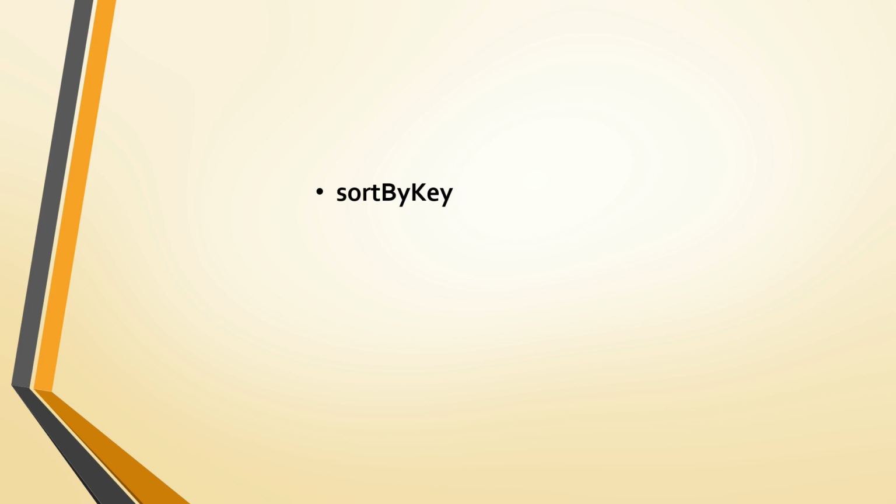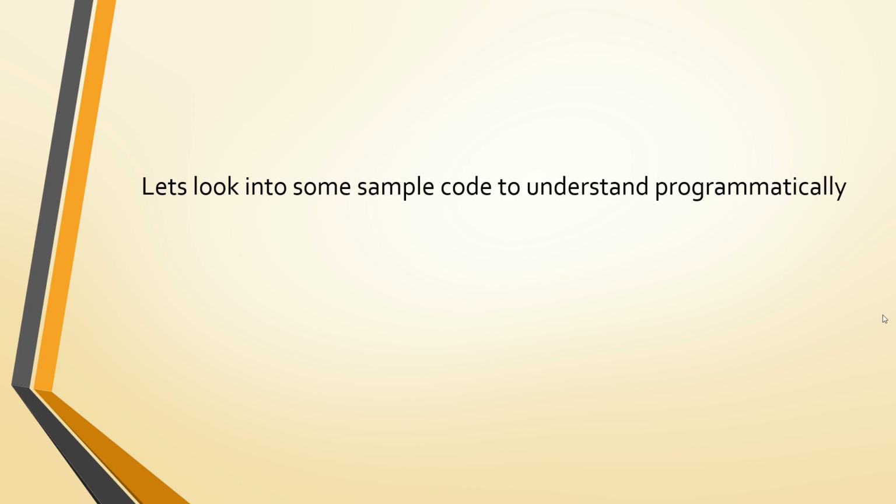When you use sortByKey, first it is going to show the numbers and special characters, then the words starting with uppercase, and then it shows the sorted order for the lowercase words. So let's check it out with a simple example.